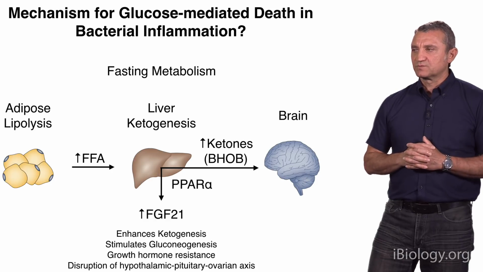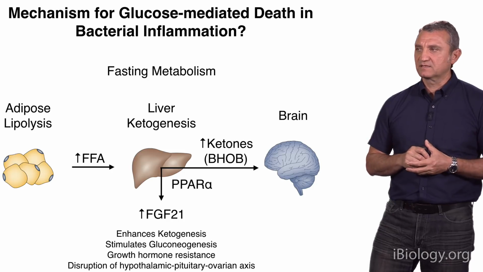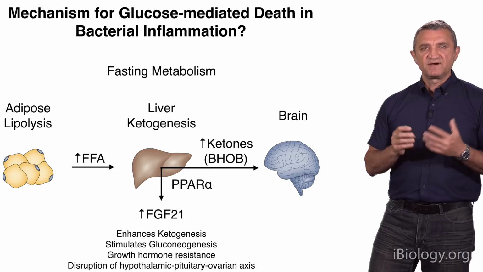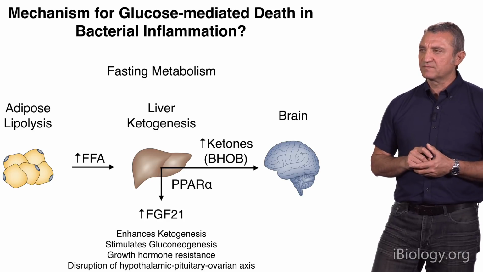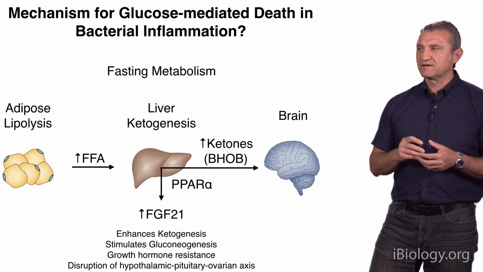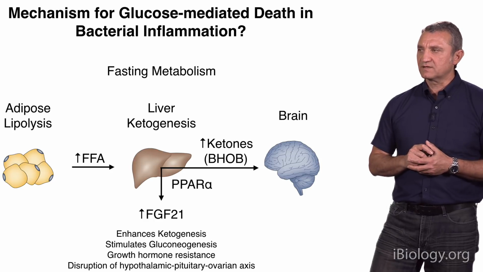And of course, when mice don't eat, they undergo a fasting metabolic state. We then asked whether this fasting metabolism is the one that matters rather than the inflammation itself. And just to remind you, what happens during fasting is that glucose level goes down, and therefore insulin level goes down.